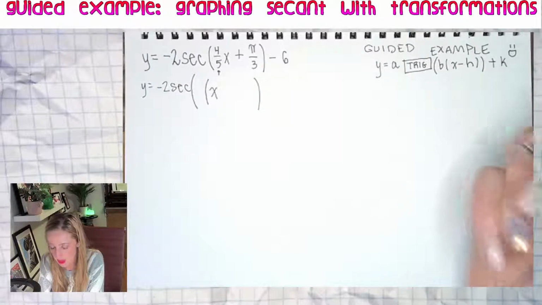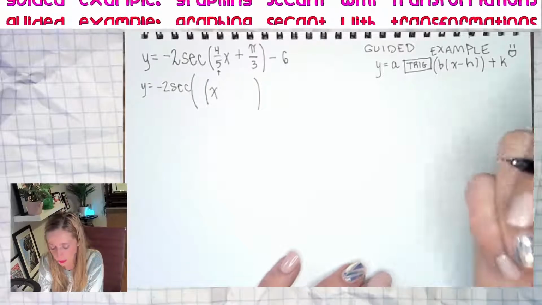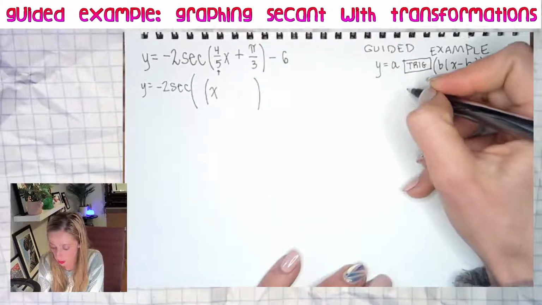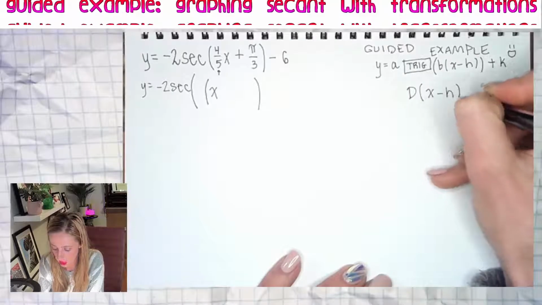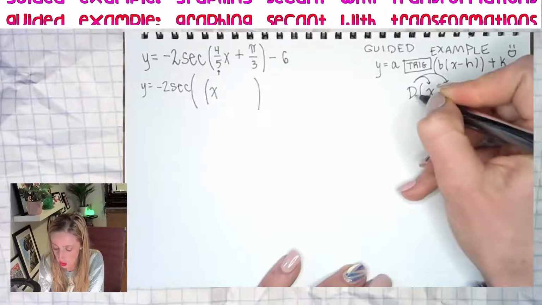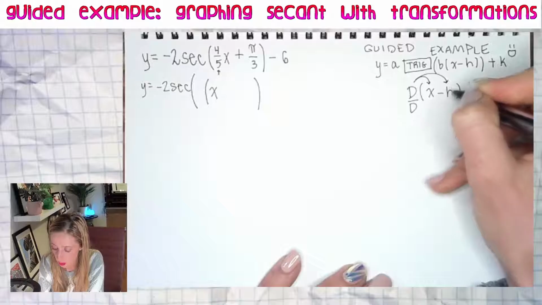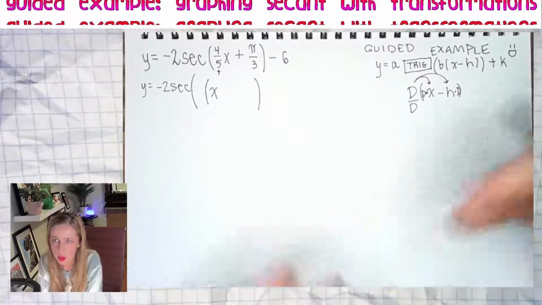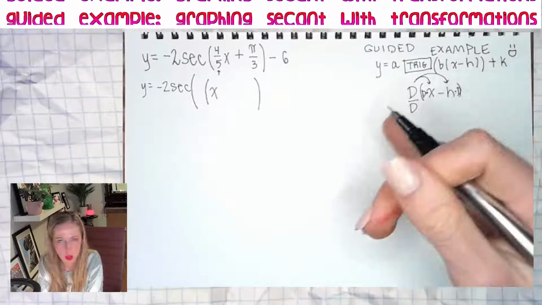Well, as I pointed out in the video for the cosecant on your own example, when you distribute something, let's say D for distribute, we're going to distribute that to x minus h. If I distribute something, what's really happening is you're dividing the outside by that thing, and then you are multiplying inside by that thing. When we say we're going to multiply inside by that letter D, well, then what happens to the one on the outside?